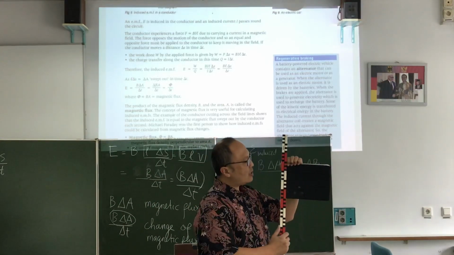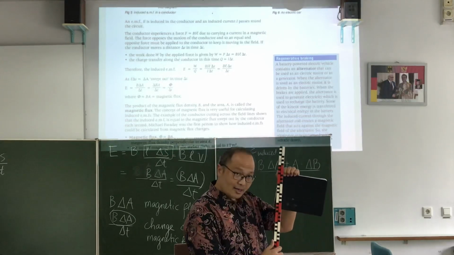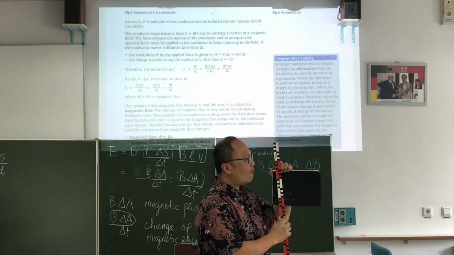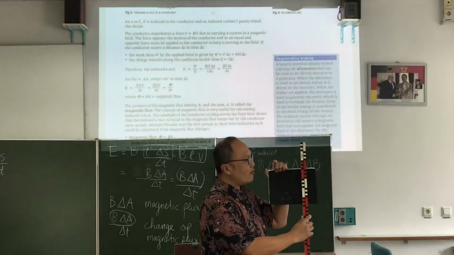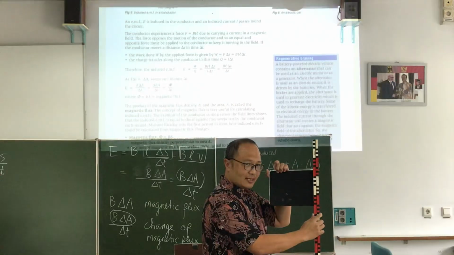So now this is the conductor, right? Just imagine this conductor is just a line. Now change of area means how big a change of area this conductor has taken.